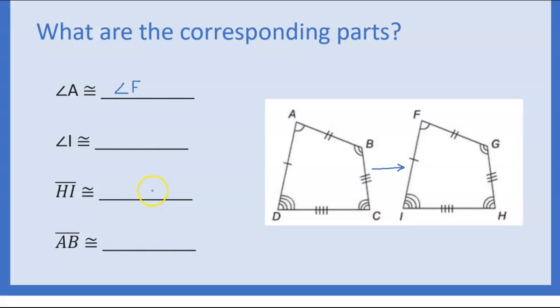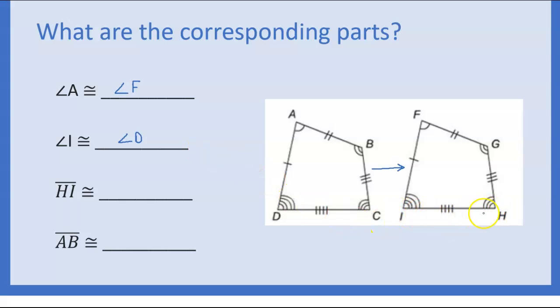How about angle I? What's a corresponding part to angle I? Well, angle I has 1, 2, 3, 4 arcs. And over here, angle D has 1, 2, 3, 4 arcs. Notice it doesn't matter if we go to the before or the after. These are just a pair of corresponding parts. So we would say angle D corresponds to angle I. Now how about line segment HI?